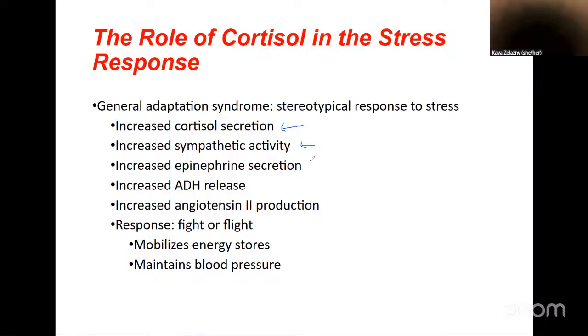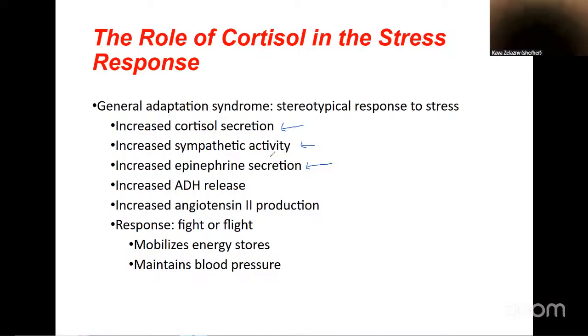We're going to make epinephrine, right? So epinephrine, adrenaline, same thing. We'll talk later on about how this affects things like your blood pressure. But this is linked in with that sympathetic activity because we know that epinephrine is being made by the adrenal medulla from the chromaffin cells, right? So hand in hand, inextricably linked to that sympathetic activity here.